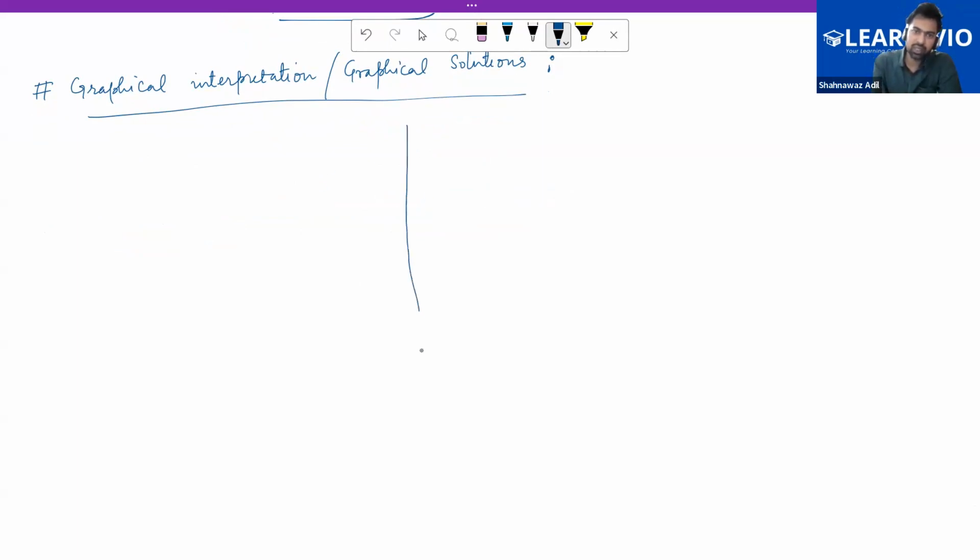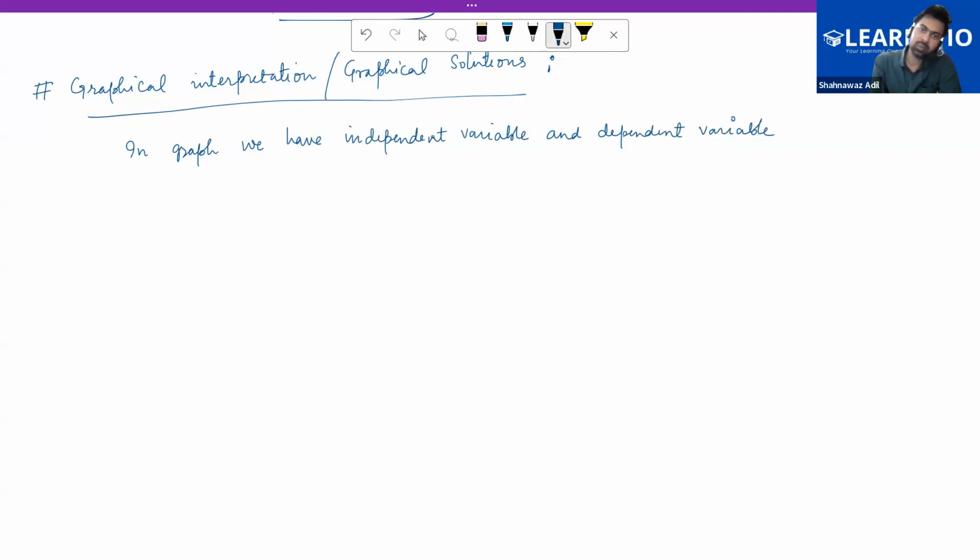In a graph, we have an independent variable and a dependent variable. Usually we represent the independent variable as x, and the dependent variable as y, which is a function of x. So this is how we represent a graph.